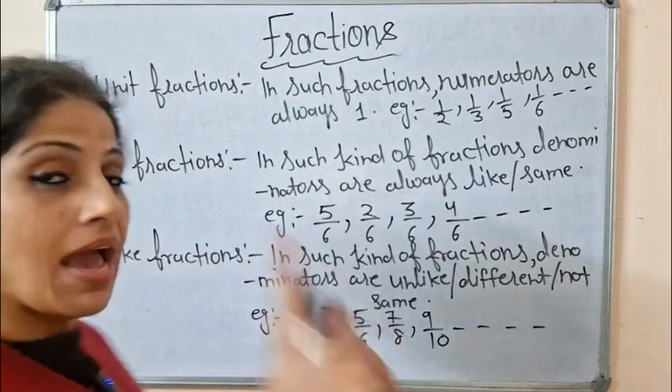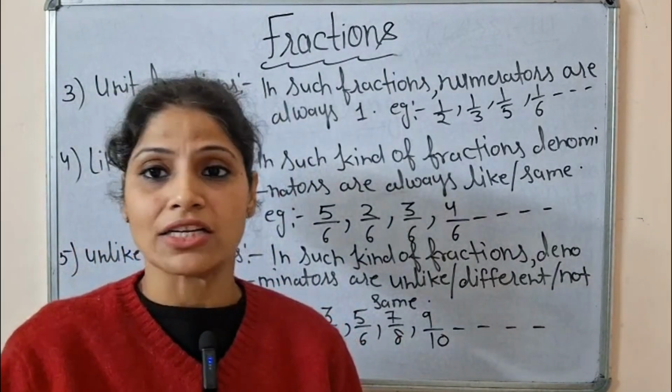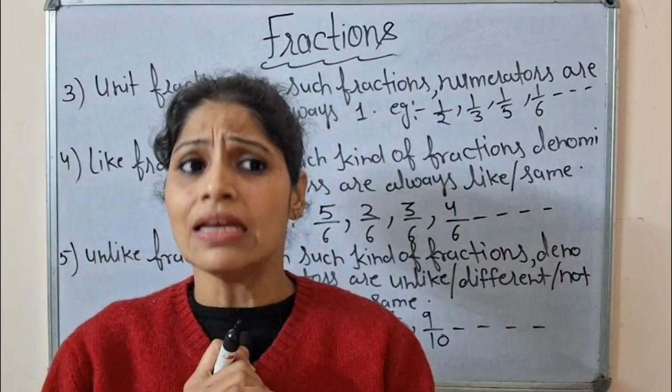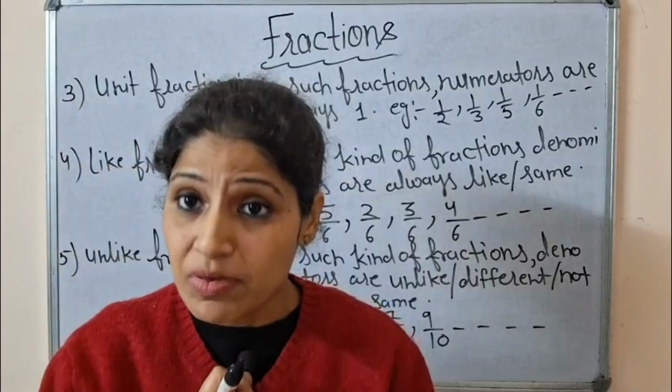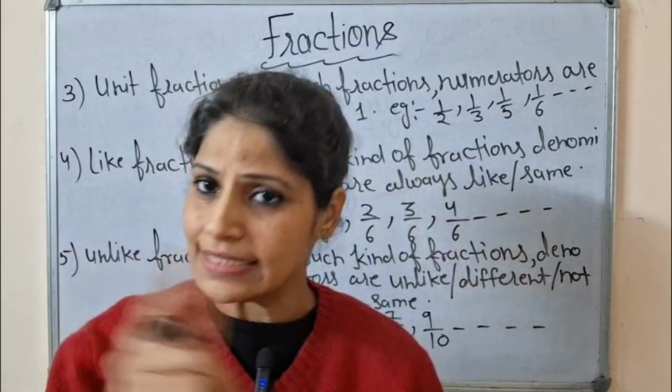Alright. Now we have one more type of fraction which is called mixed fraction. Mixed fraction, that means it is a mixture of something. That means two types of numbers will be there. Which two types of numbers will be there? Let's see.